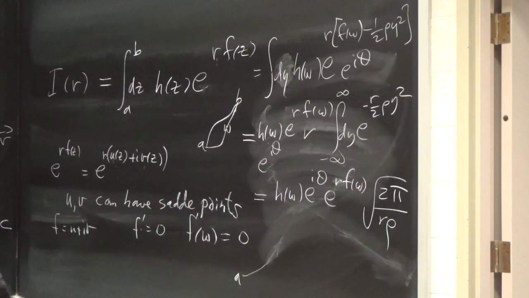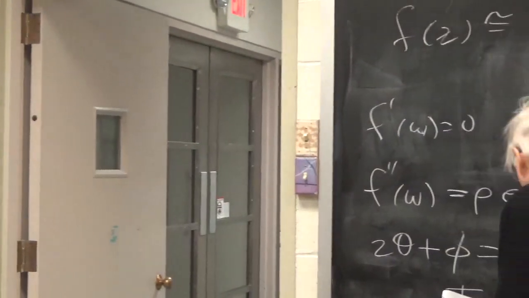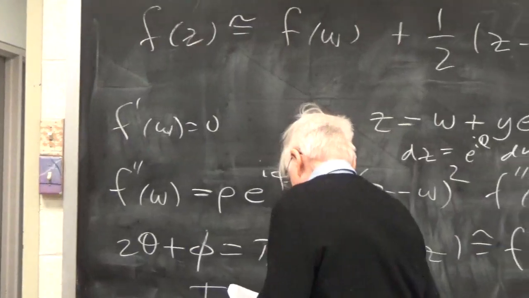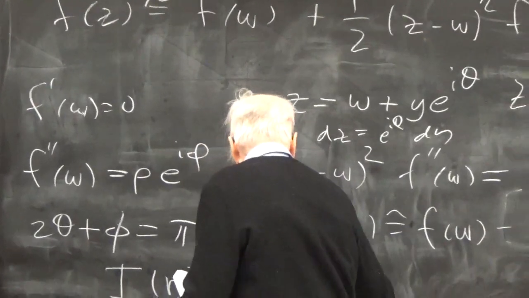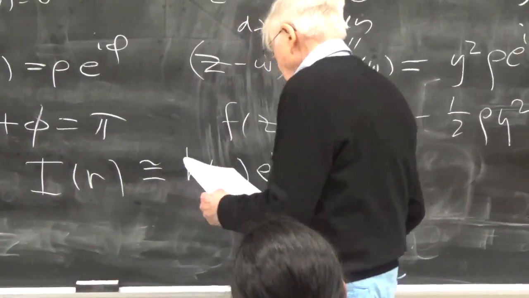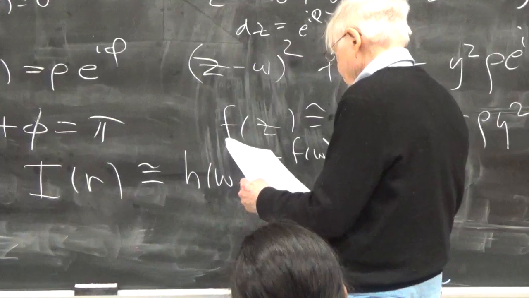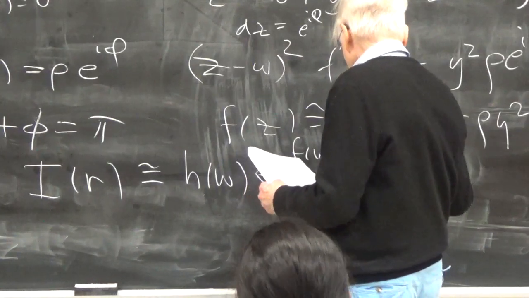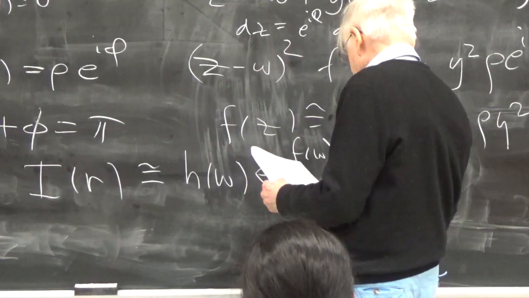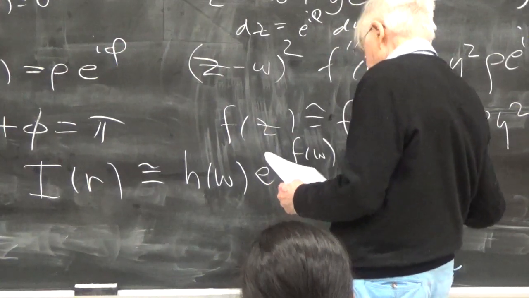So let me just rewrite this as I of r is approximated as h of w, e to the r f of w, and now I'm going to move the e to the I theta inside the square root. So I'm going to have 2 pi over r rho e to the minus 2I theta.